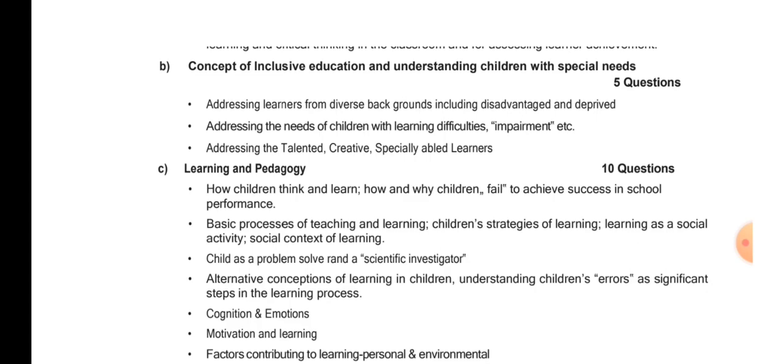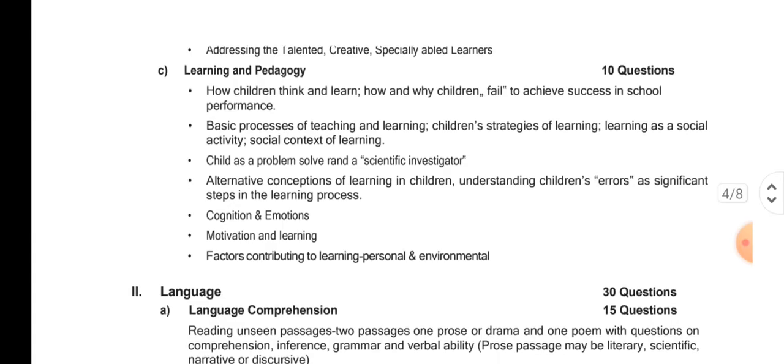So all these types of disorders the child might be suffering from are also taken into account. Now see, some children are very much talented, some are creative, and some are specially abled. So all these learners are taken into account according to this concept of inclusive education, and you should know it very well.